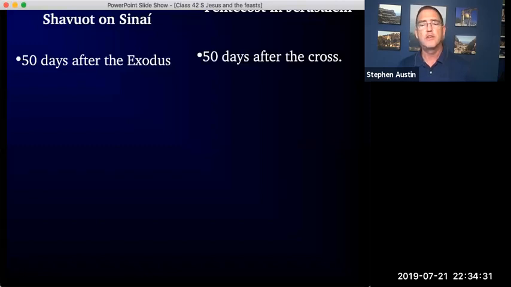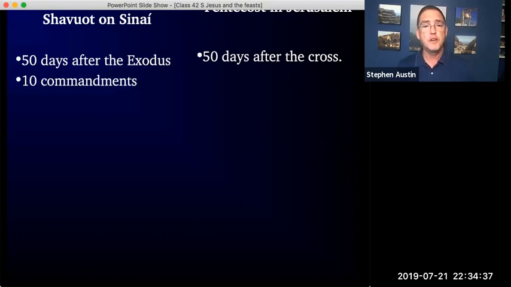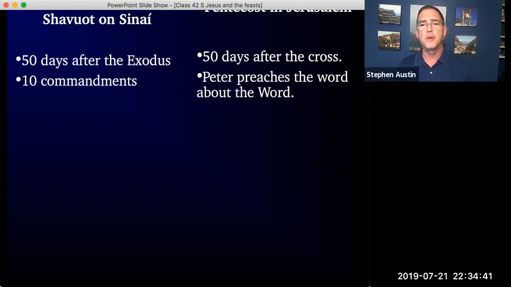And you have this other Pentecost in Jerusalem that happens 50 days after the cross. You have the 10 Commandments given on the first Pentecost. And then Peter preaches the word about the Word, capital W, Jesus, who is the final word from God. And he initiates a new covenant with the beginning of the church in Acts 2.